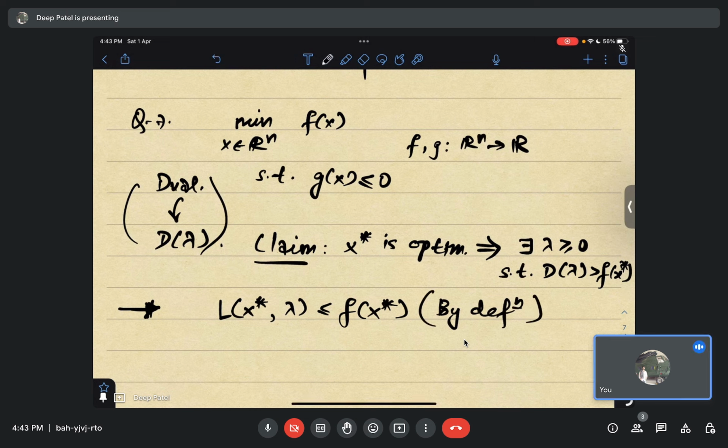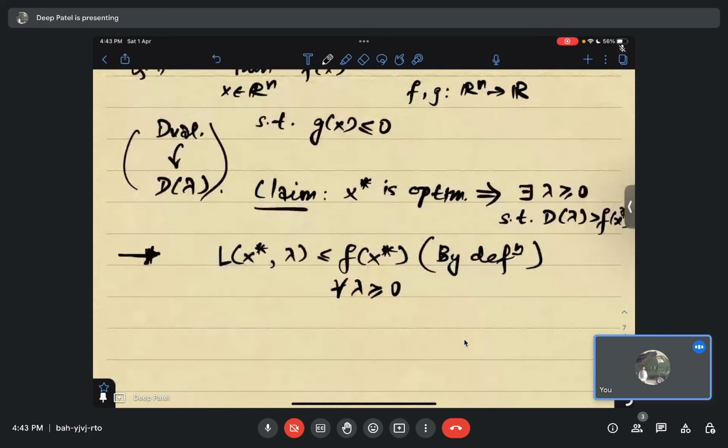Yeah, so to state it a bit more explicitly, for all lambda non-negative, we have L of x star, the Lagrangian, upper bounded by f of x star, right?